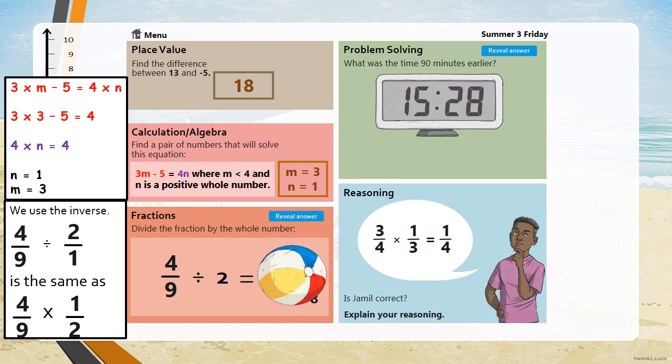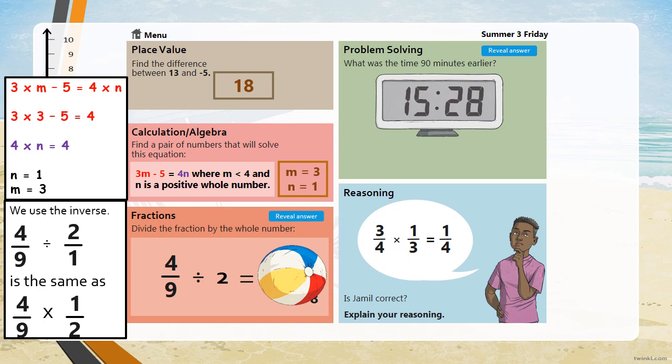We're not going to change both our fractions, because then that would be pointless. We're going to change one of the fractions, swap the numerator and denominator, and then we change our division into a multiplication symbol when we're doing the inverse, because we know that division and multiplication are inverse operations, just like addition and subtraction are inverse operations.